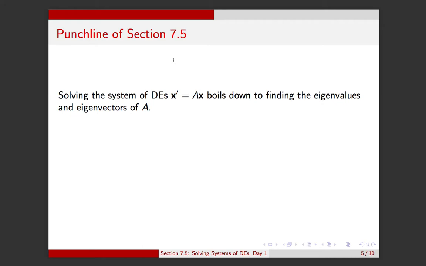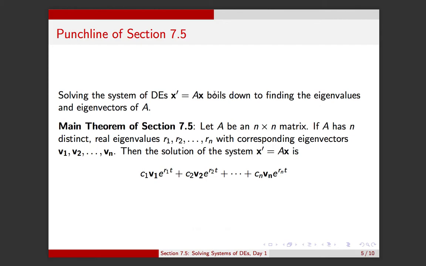Okay, so let me just now give you the punchline of this section. Solving a system of d's like this, derivative of vector x equals a times vector x, boils down to finding eigenvalues and eigenvectors. And here's the main theorem of section 7.5. Let A be an n by n matrix.